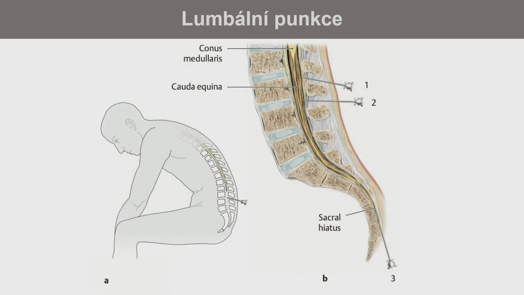So then important is lumbar puncture. Lumbar puncture, what is it? Lumbar puncture is a procedure when you insert a needle into the lumbar channel and you could do something.